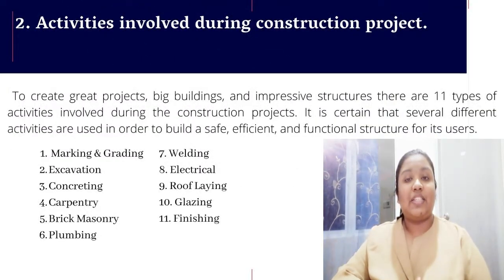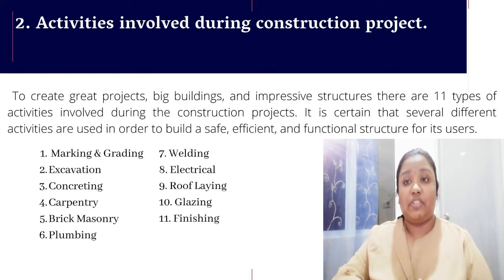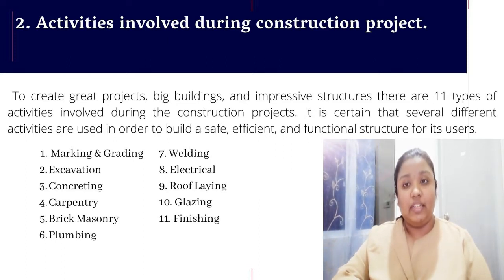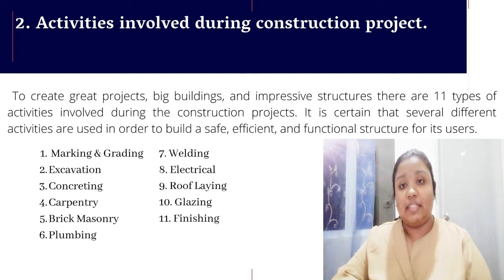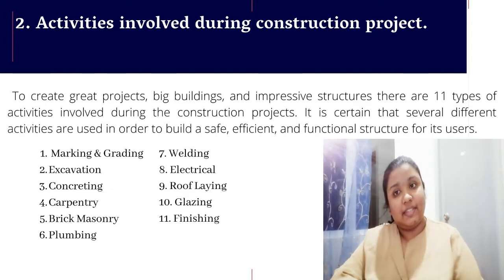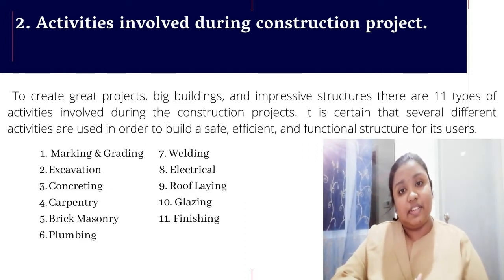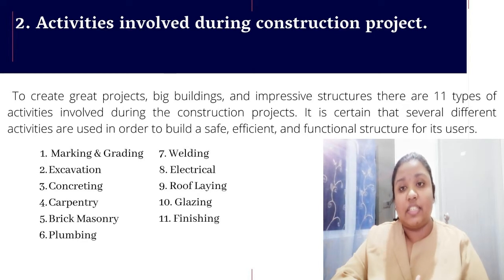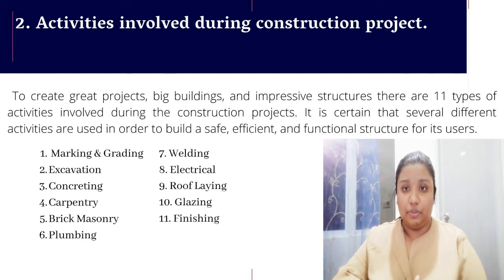So now moving to the next topic, the activities involved during a construction project. As we all know, in order to create a great project, a big building and impressive structure, there are 11 activities involved during construction projects. It is certain that several different activities are used in order to build a safe, efficient, convenient and functional structure for each user.